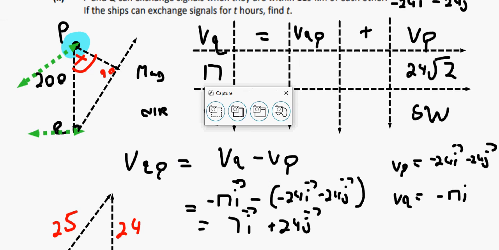Now, if we take this diagram here and make a rip-off version of it, bring it down slightly. What we had at the beginning was P is here, and this is Q. They're a distance of 200 apart, and they're moving in the directions shown in green on the left.